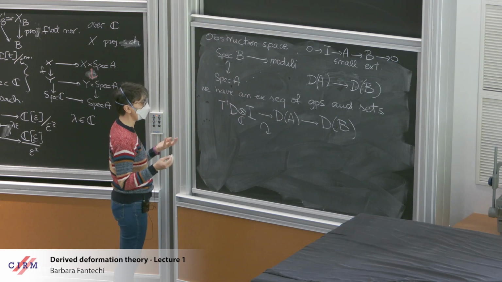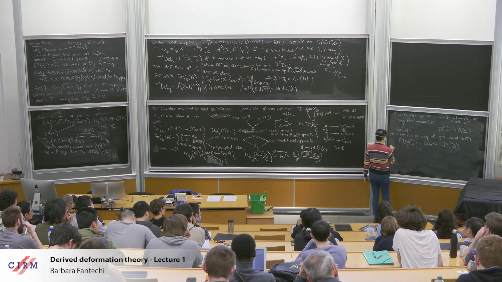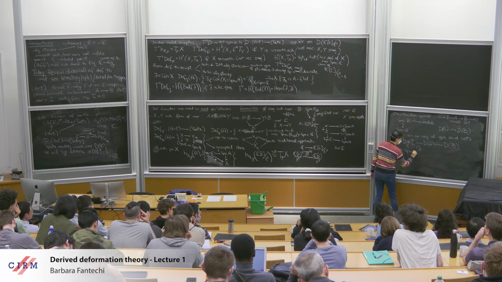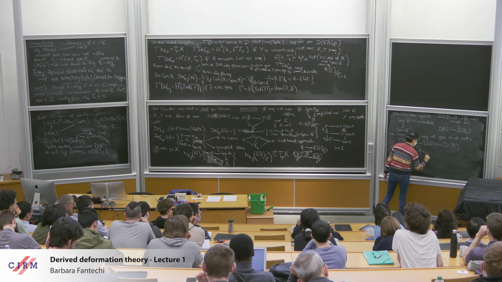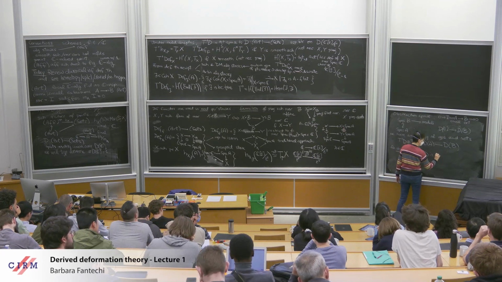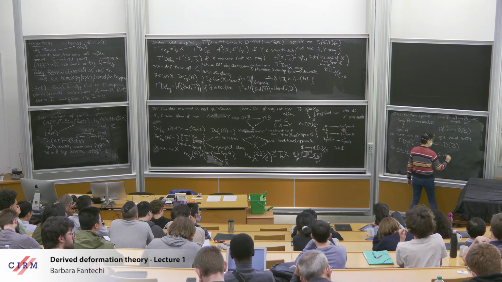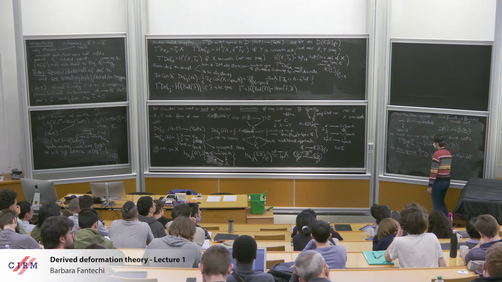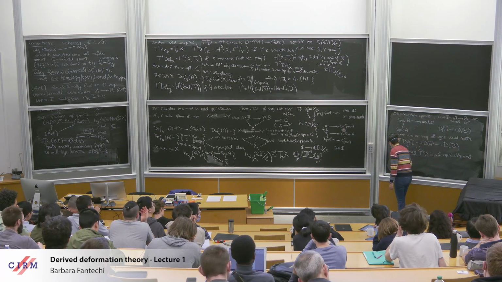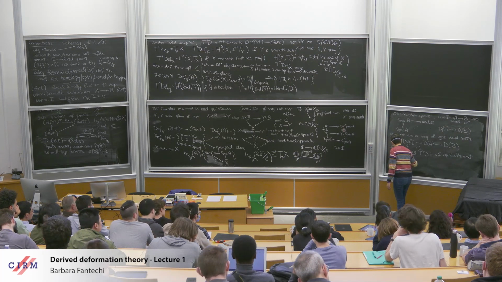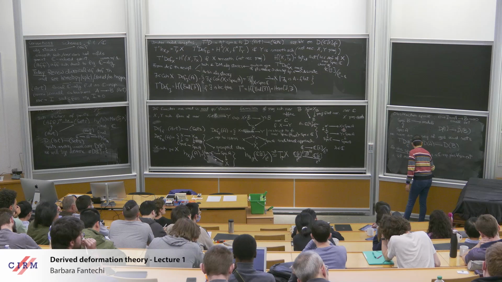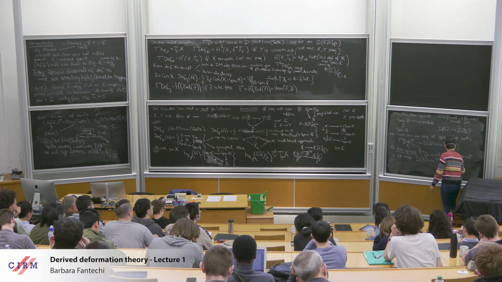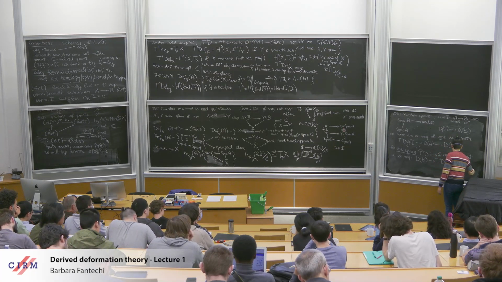But what is more interesting is that there exists an obstruction space T2 of D, which is a C vector space, plus, for all small extensions, a functorial set map D(B) to T2D tensor I, functorial in an appropriate sense.